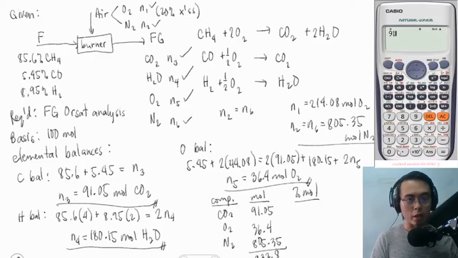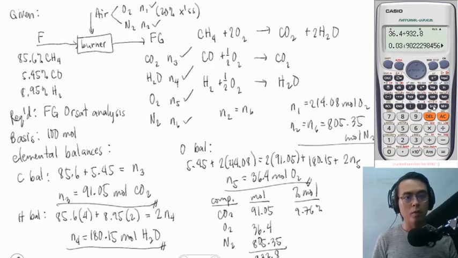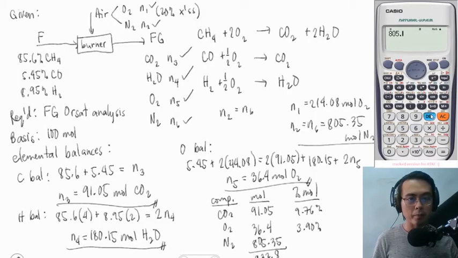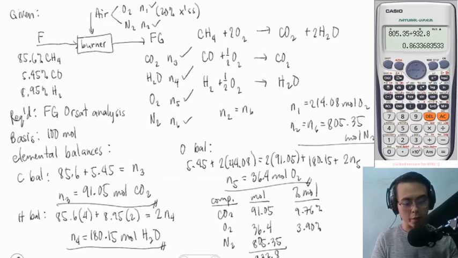91.05 over 932.8. You have 9.76%, 3 significant figures. And then 36.4 over 932.8 is 3.90%, and then 805.35 over 932.8 is 86.3%.